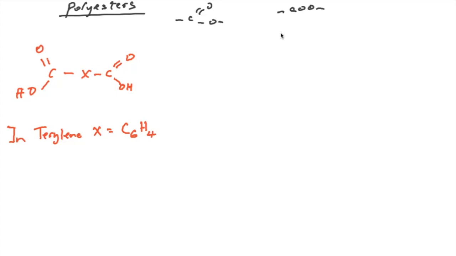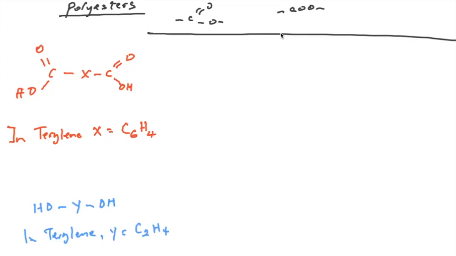So we'll have our alcohol, and we'll have Y being a variable hydrocarbon group, and we have 2OH, and of course in terylene, Y is C2H4. So we're just going to go straight into what happens when these join, so we can get the representative structure of the polymer, the polyester here, terylene.